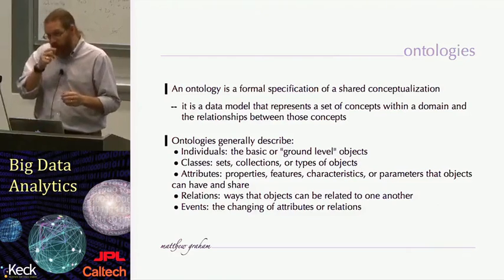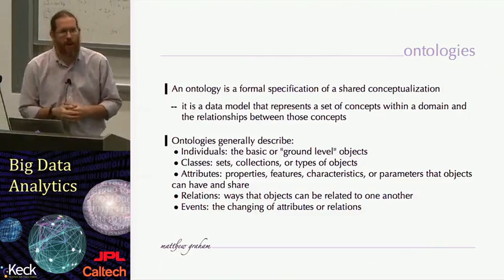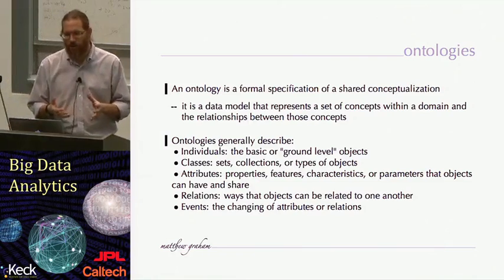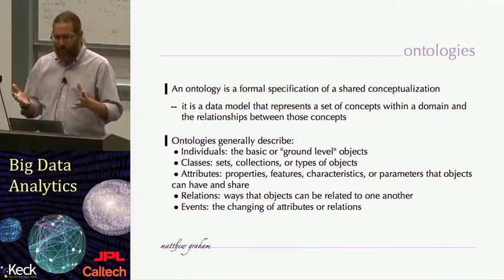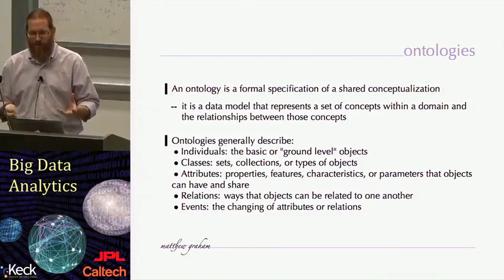Now, the most elaborate or the most powerful concept scheme that you can use is a thing called an ontology, and the formal definition of an ontology is a formal specification of a shared conceptualization.